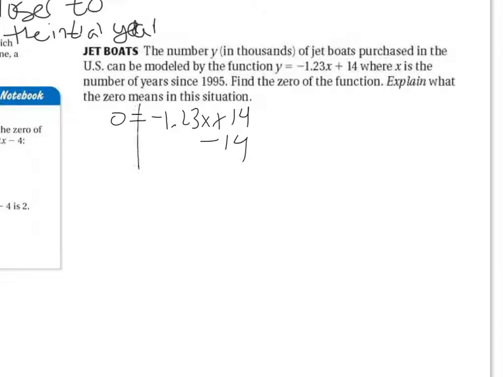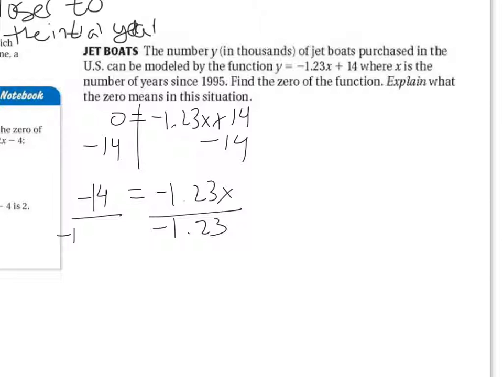Subtract the 14, equals negative 1.23x. Divide by negative 1.23. You get x equals 11.38. Okay? So now we have to say what that means.